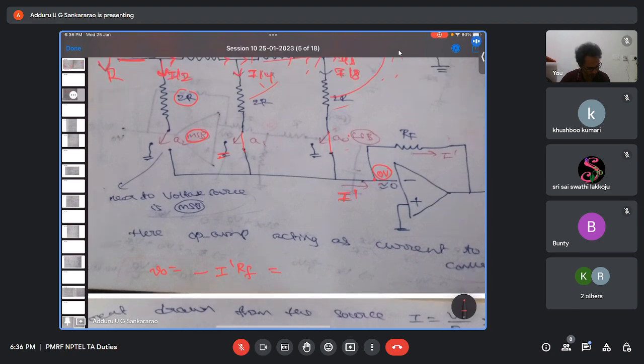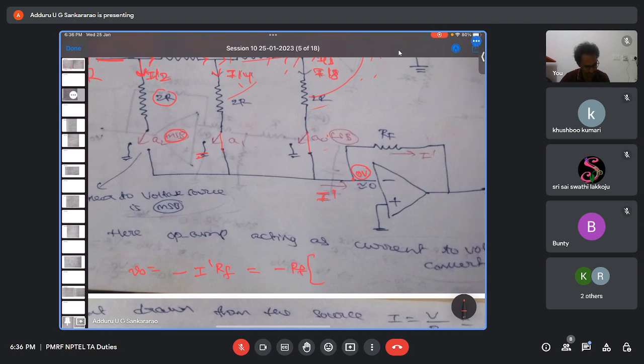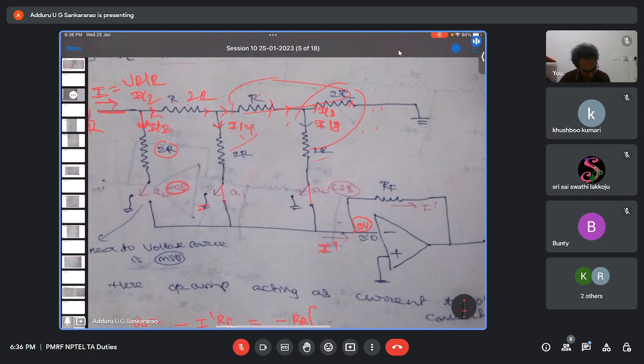What is I dash? So RF into what is that I dash? I by 2, I by 4, I by 8, it is dividing, but based on the bit. If it is 1, then the current will enter the op amp, and if it is 0, it will not enter, right?